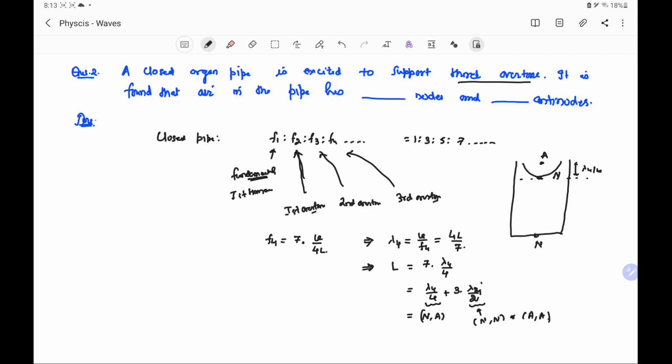Then there are three segments of lambda 4 by 2. So this distance is lambda 4 by 2. It is also lambda 4 by 2. And this distance is also lambda 4 by 2. And we can make the diagram like this.